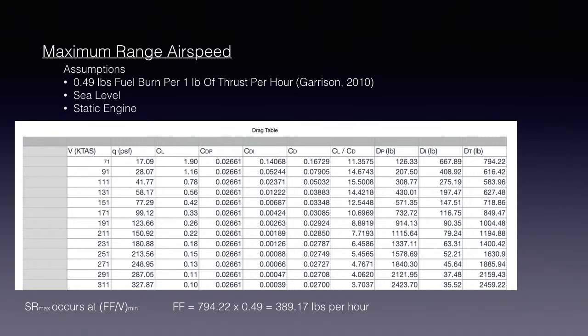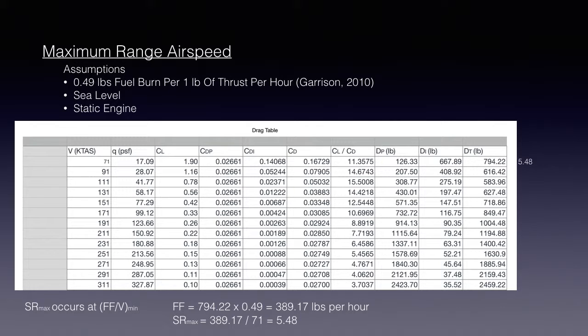Once we know the fuel burn, we can divide it by the 71 knots true airspeed, and we come up with a figure of 5.48. We're just going to go ahead and plot that to the right of the table there.